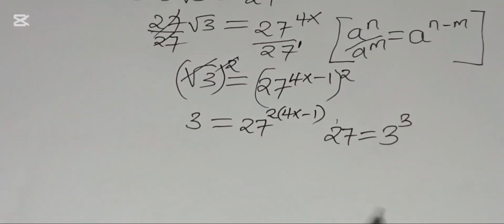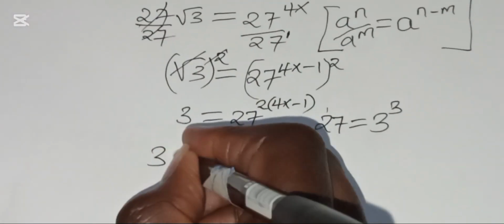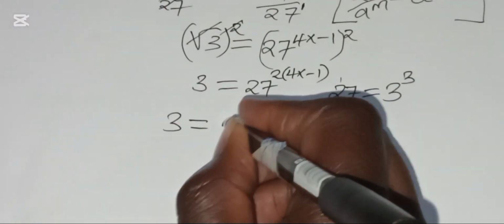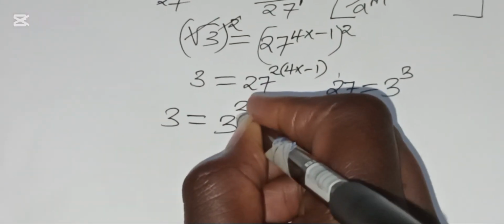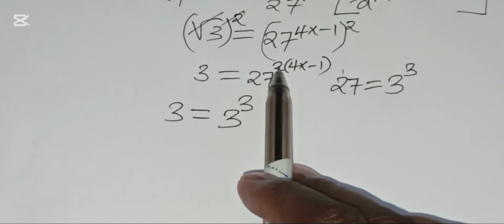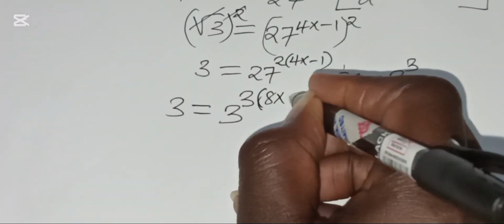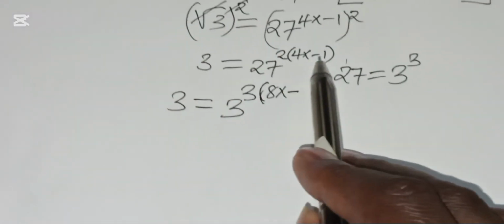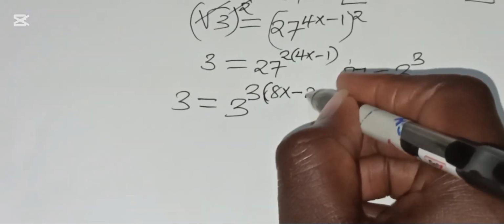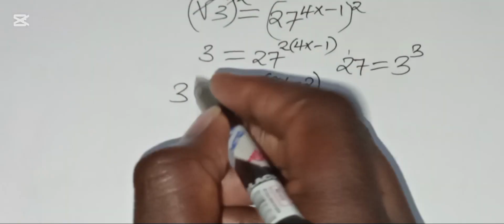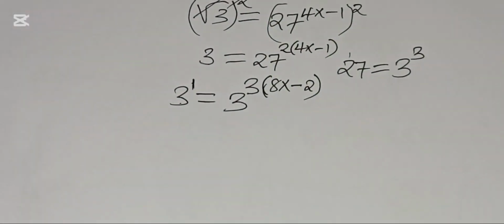So that you're going to have 3 equal to 3 raised to power 3, and this is 2 times 4x, which is equal to 8x, subtract 2 times negative 1, which is negative 2. So now you can see this is what we have. This is 3 raised to power 1.